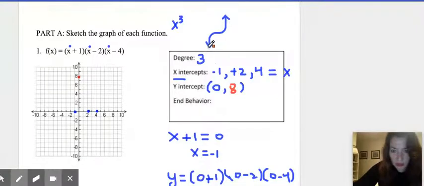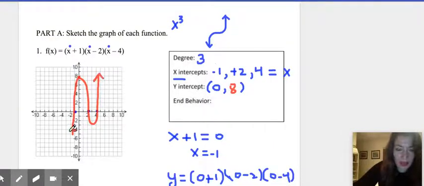We can see it starts from the bottom and makes its way upwards. I'm going to go through the first intercept, which is -1. I'm going to go up to +8, which is the y-intercept. I'm going to come down to 2. And then I'm going to go up through 4.